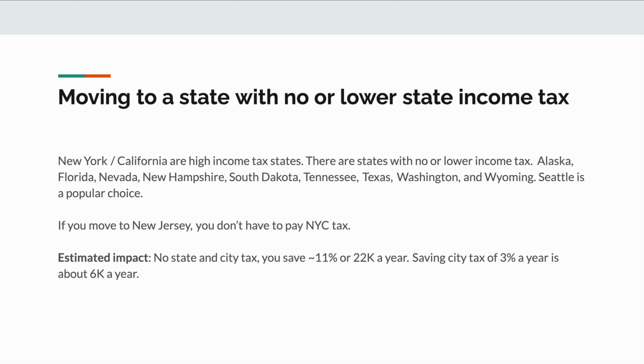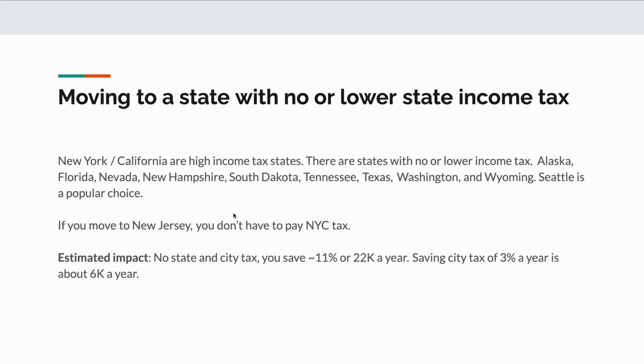Another way you can reduce your income tax is to move to a lower income tax state. A lot of people who work in tech are working in New York or California, and those are high income tax states. There are states that don't have any income tax or lower income tax. These include Alaska, Florida, Nevada, New Hampshire, South Dakota, Tennessee, Texas, Washington, and Wyoming.